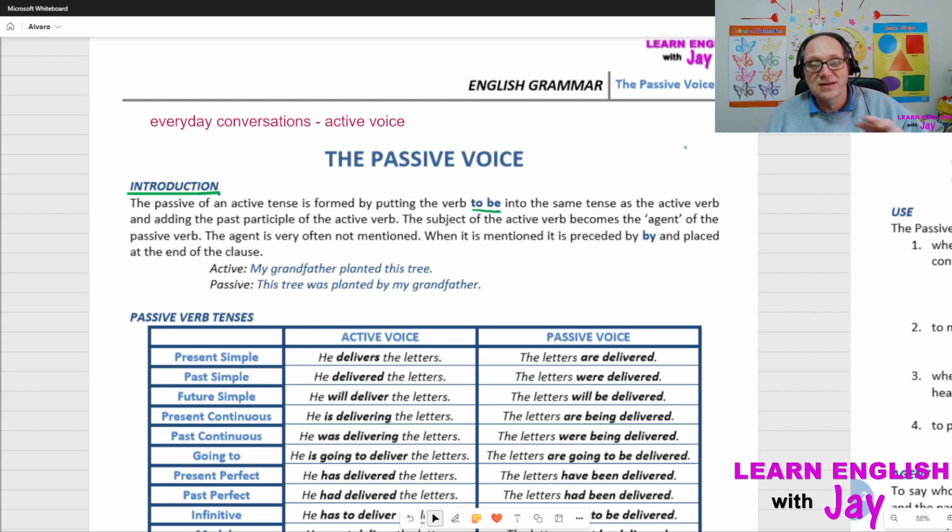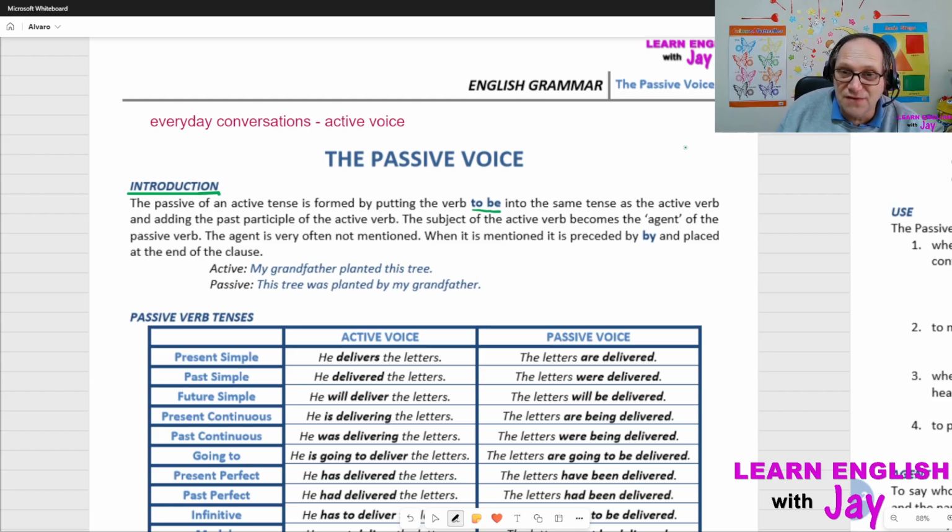In other words, to be would be is, am, are, or was, were. Instead of saying walk, we would say walked. Instead of talk, we would say talked. So we use the past participle of the active verb.